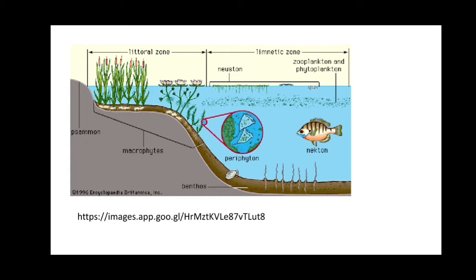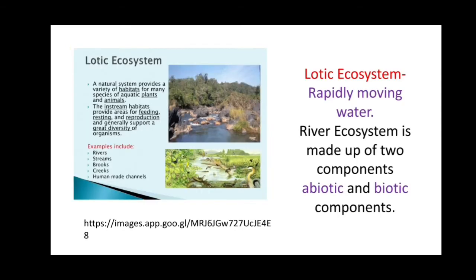Here the benthos means the animals or plants that grow on the bottom of the river. Periphytons are the plants that grow underwater. Again, the small fishes we can see in this diagram. So this is the diagram of the river. It shows the water zones.